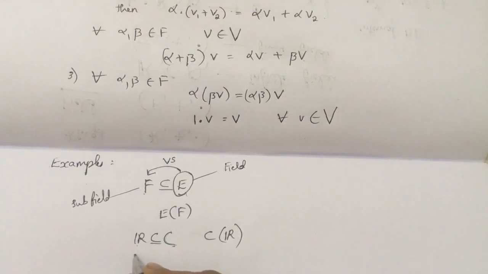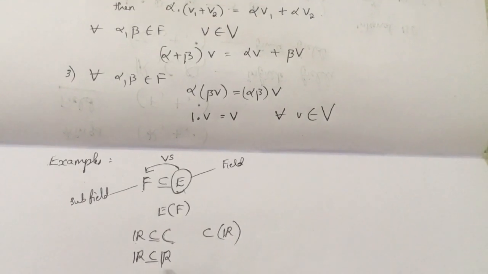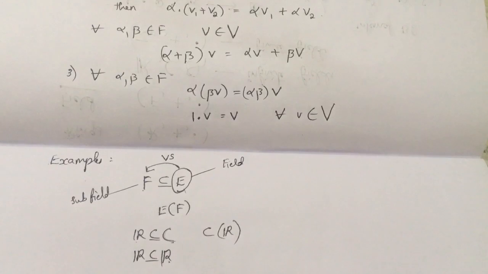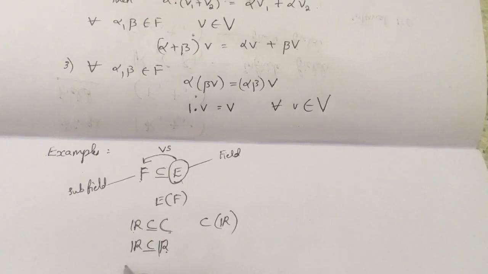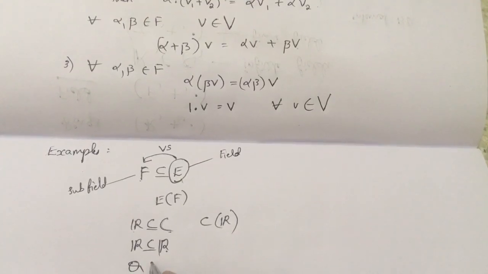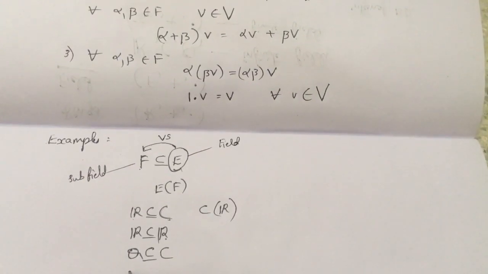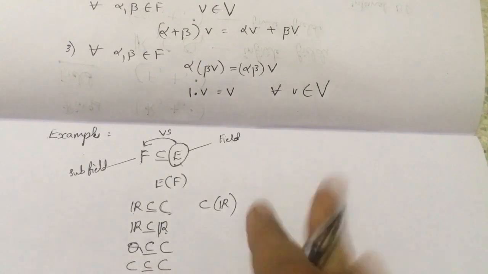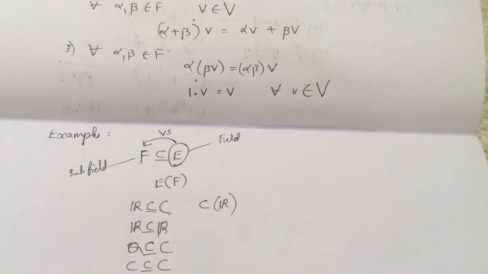Similarly, the set of real numbers is a subset of itself, so this also forms a vector space over the field R. Similarly, Q forms a vector space over C. Similarly, complex numbers over complex numbers, R over R, everything forms a vector space.